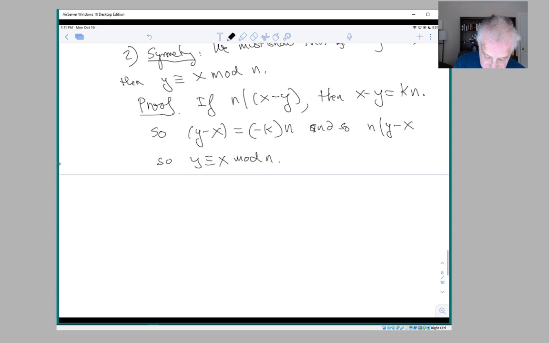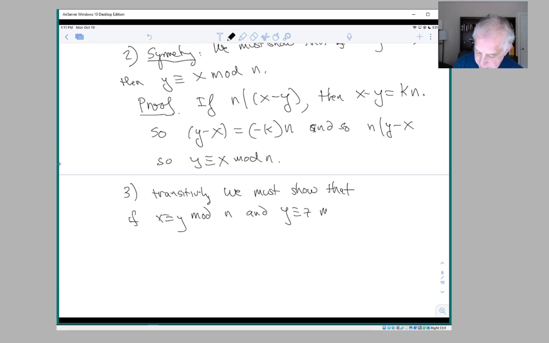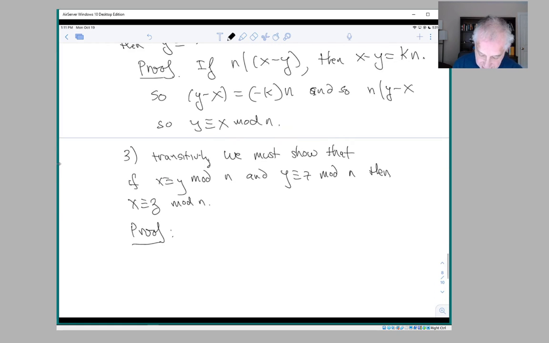And of these three properties, it's usually transitivity which is the most tricky. So we must show that if x is congruent to y and y is congruent to z, then x is congruent to z. And the proof of this, well, we use the definition as usual. So we have that n divides x minus y, so x minus y is k times n for some k.